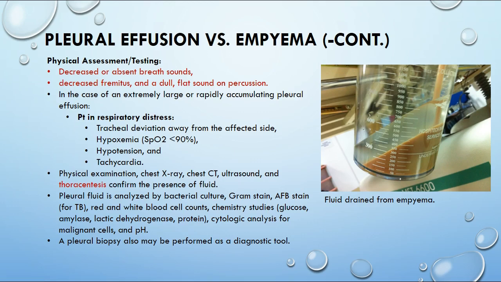What needs to be done is a thoracentesis, which will confirm the presence of fluid outside of a chest x-ray or CT. The fluid needs to be examined to determine the possible root cause. And again, it's about treating the underlying cause.